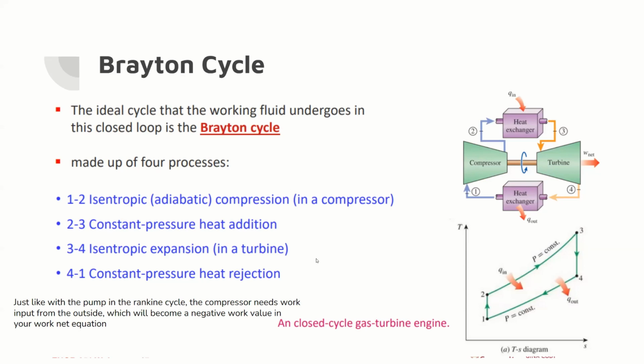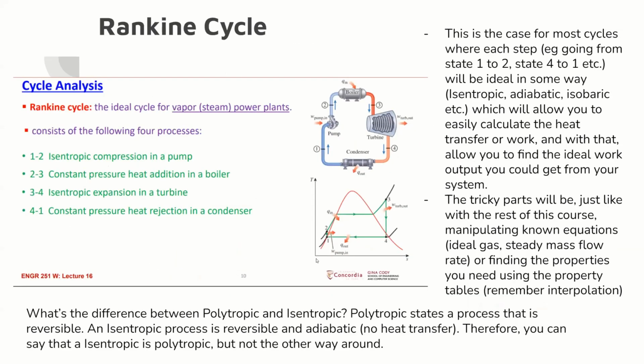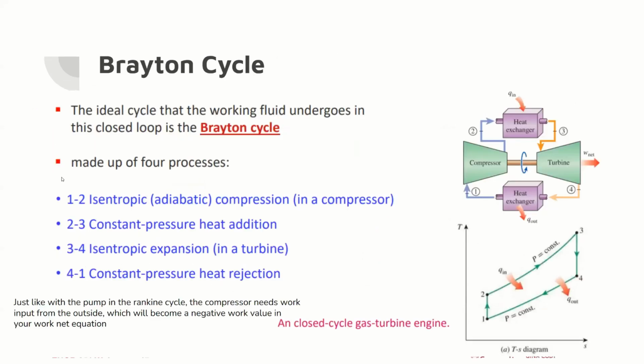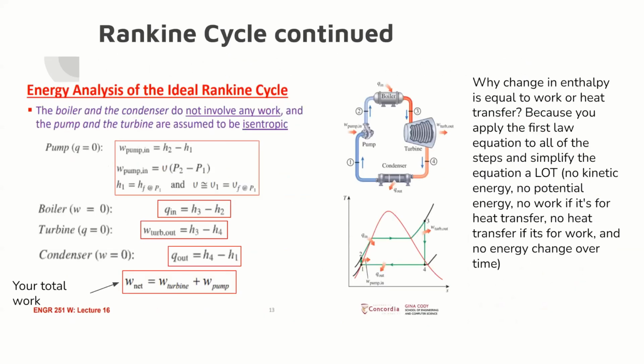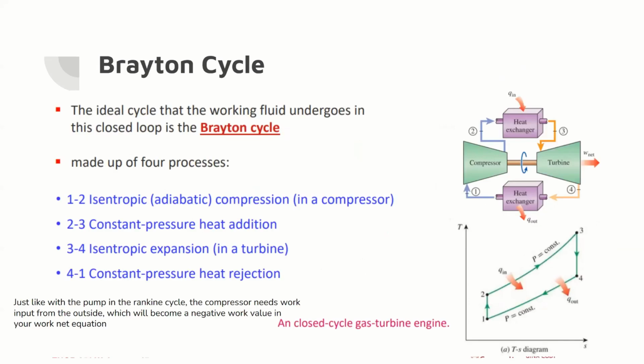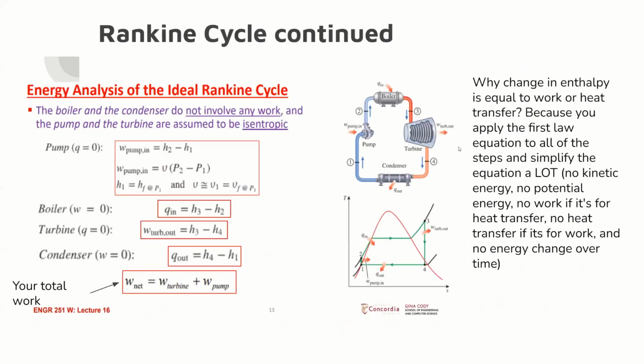There's not really that much different, actually, is there? Constant pressure, isentropic. Yeah, they're pretty much the same. I think the only difference is maybe the fluid that you're using in it. Usually in Brayton cycles you're using gases, whereas in Rankine cycles you're using liquids.